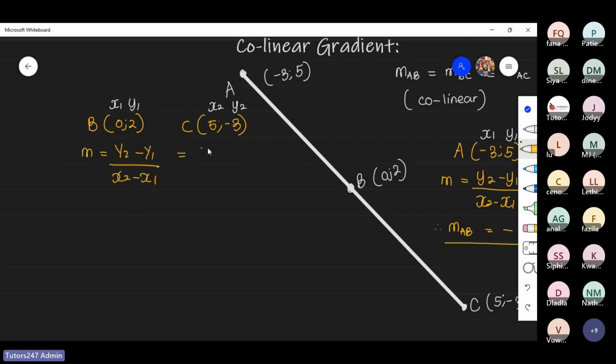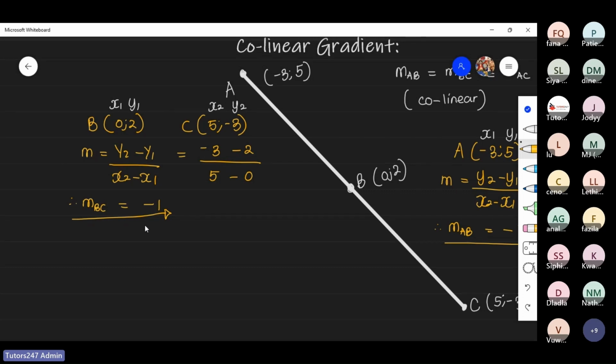So y2 is negative 3, y1 is positive 2, my x2 value is 5, and my x1 value is 0. So the gradient of BC, once we've put that into our calculator, is going to give us negative 1. As you can see so far, it is working out to be collinear because we've calculated the gradient of AB, we've calculated the gradient of BC, and they were equal.